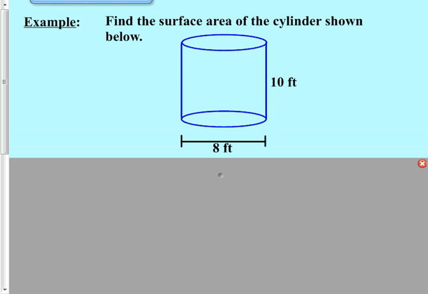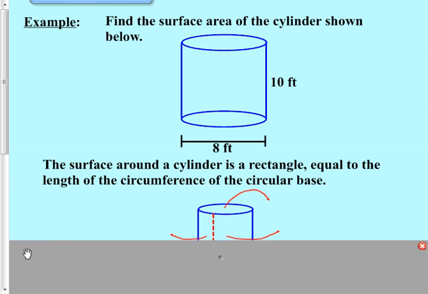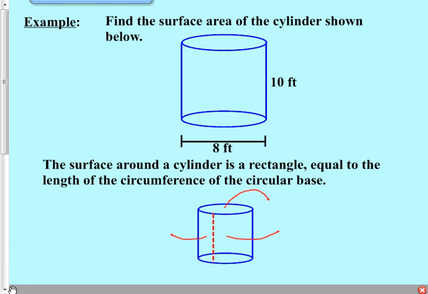Find the surface area of the cylinder below. Well, obviously, you can see the cylinder there and the measurements that are provided. The thing that makes the cylinder the challenge is understanding what the net is actually looking like. The problem is this: the lateral face of the cylinder is continuous. There is no beginning and no end to the side that wraps around the circular bases.